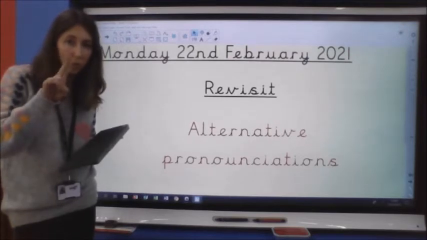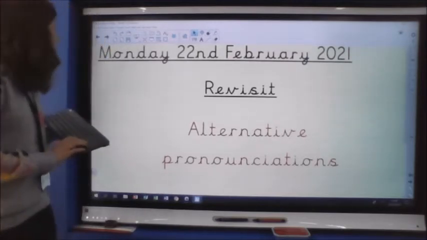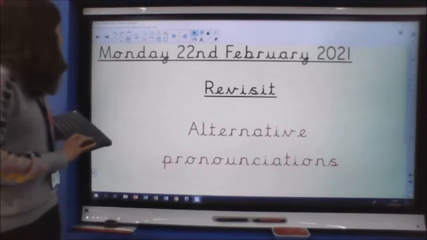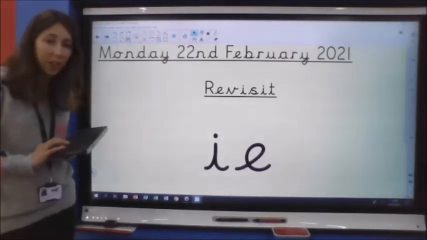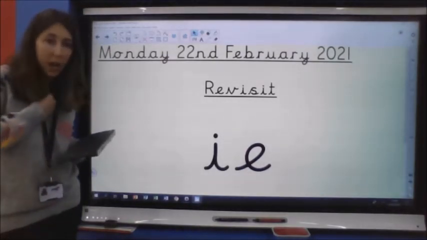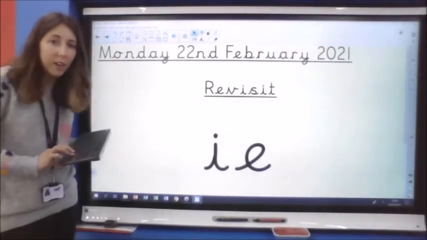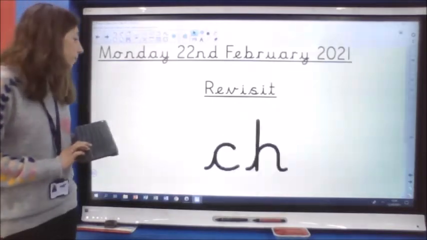Usually it's got two different ways, but a couple of them we might have more than two. Let's have a little look, which is our first grapheme. What sounds can that one make? It can make I for tie, or it can make E for thief, can't it? Well done if you've got those.